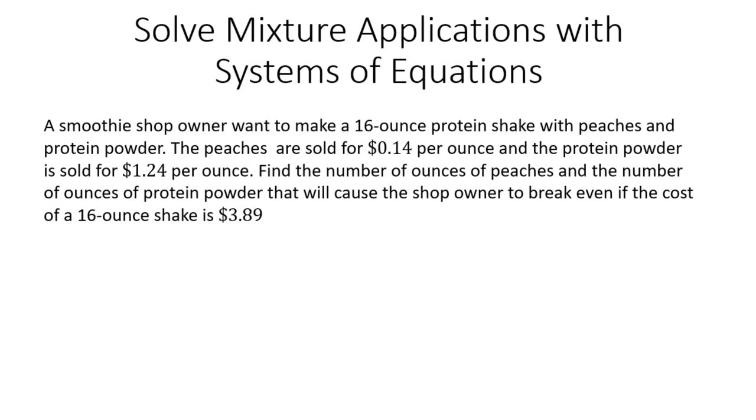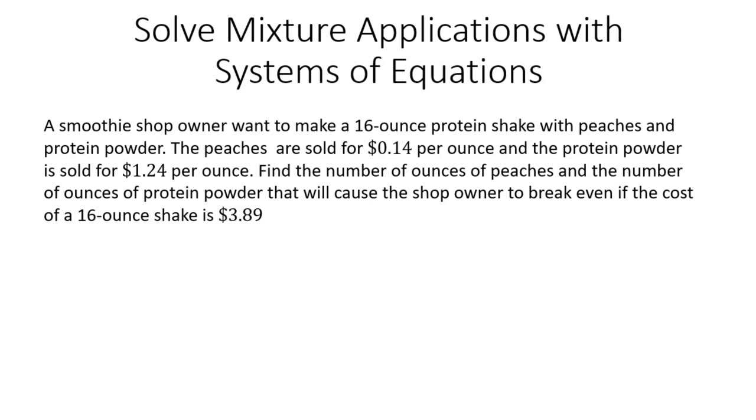The peaches are sold for 14 cents per ounce, and the protein powder is sold for $1.24 per ounce. Find the number of ounces of peaches and the number of ounces of protein powder that will cause the shop owner to break even if the cost of a 16-ounce shake is $3.89.